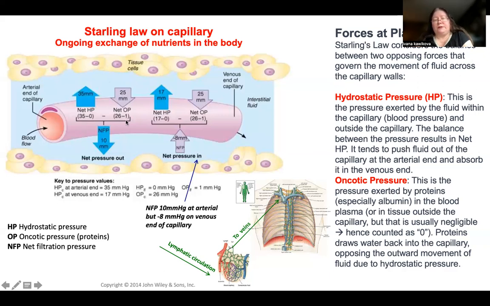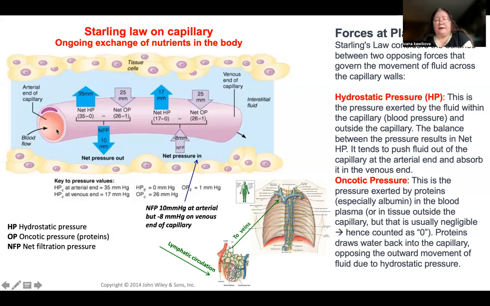So here they put it as a small force of 1 millimeter mercury, and now we have a force that pushes the blood or the fluid plasma out of the vessel, and a force that holds it in. So net filtration pressure is 35 millimeter mercury minus 25 millimeter mercury, which gives a force of 10 millimeter.